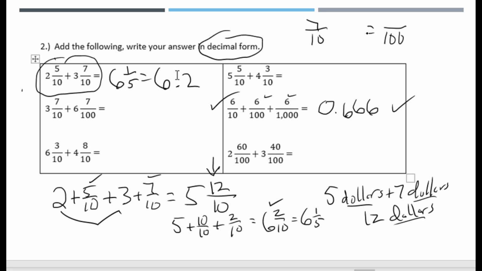Another way of doing it, and that would be 10 over 10, 70 over 100. You could do that, but watch this. 6 plus 3 is, or 3 plus 6 is 9. Then I have 7/10 and 7/100. This would be a much easier way of doing it.